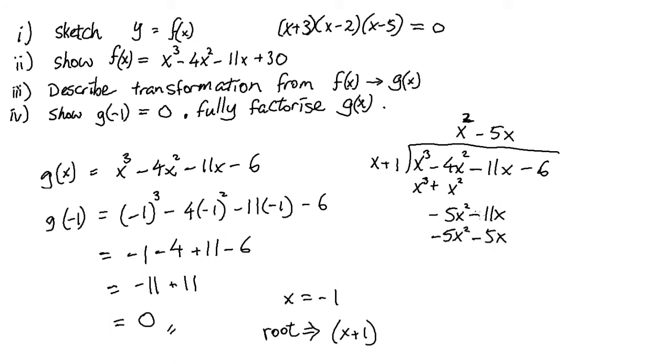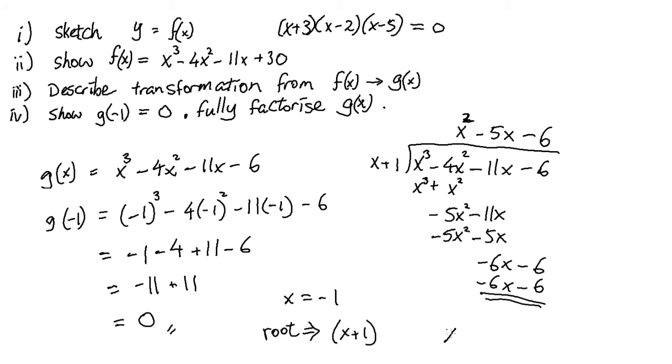Minus 11x minus minus 5x gives you a minus 6x, then minus 6, and that would give you minus 6x minus 6, and that would end the vertical division.